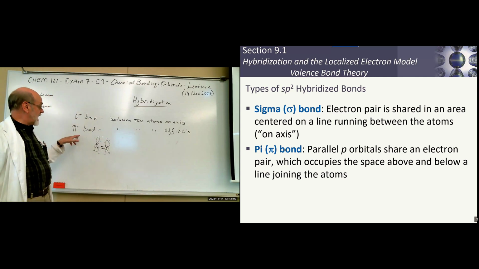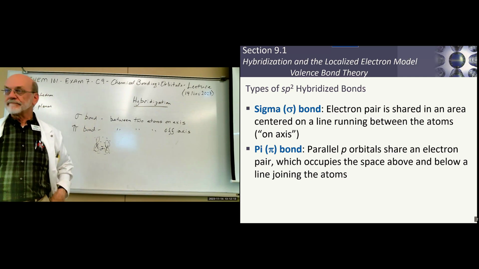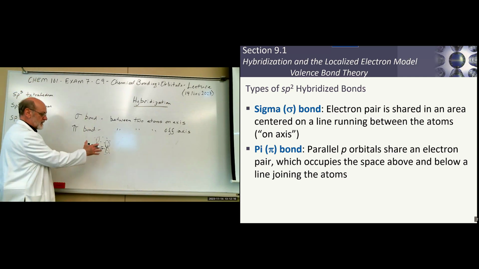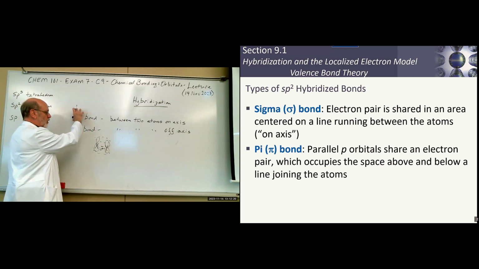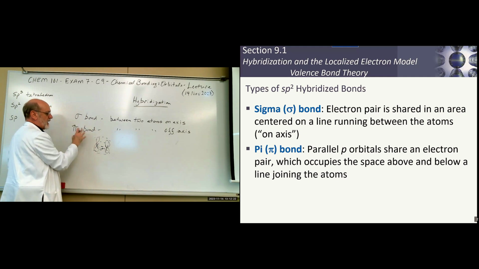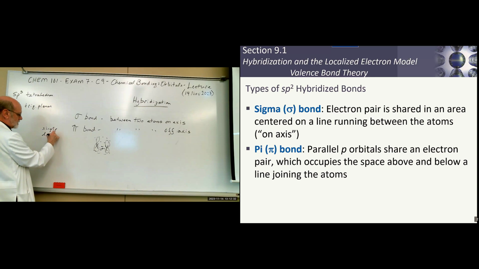That means that the pi bond is weaker than the sigma bond, because the overlap determines the strength of the bond. There's more overlap in the sigma bond than there is in the pi bond. So that explains what we learned earlier, that when we compare single, double, and triple bonds, the single bond is a certain strength.